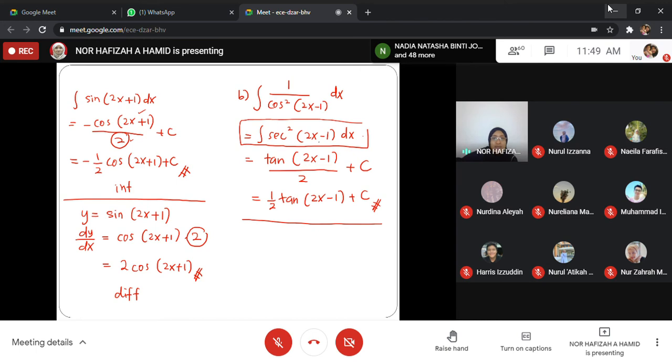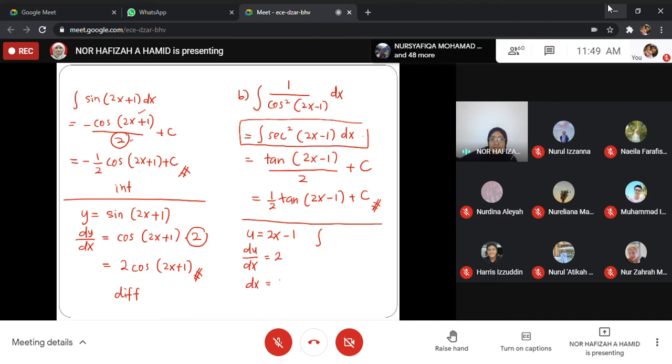So you solve using substitution, u is also the angle 2x minus 1, and differentiate, you will have 2. Okay, so when solving later you will get the integration of dx.